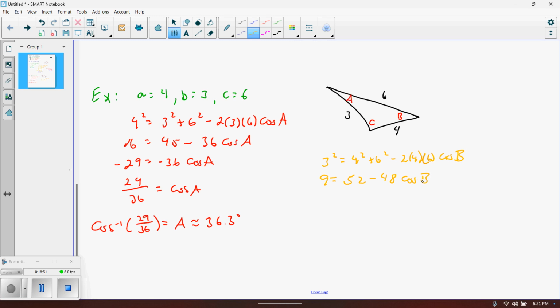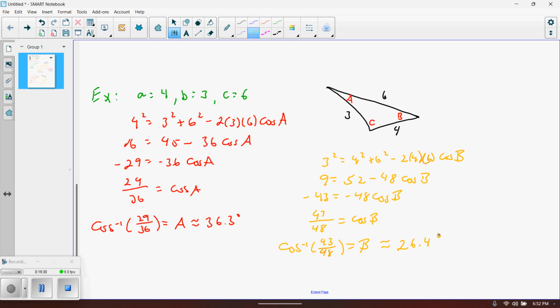Subtracting 52 on both sides, we're going to get negative 43 equals negative 48 cosine of B. Dividing both sides by negative 48, 43 over 48 equals cosine of B. And then we will take the inverse cosine of both sides of the equation to get B. Plugging that in the calculator gives us 26.4 degrees.